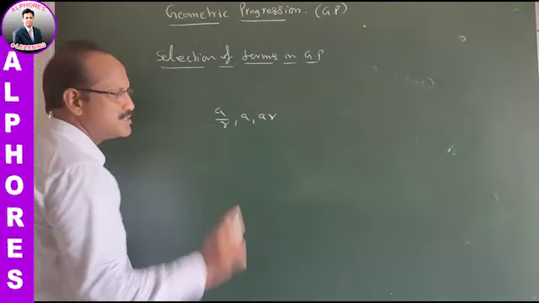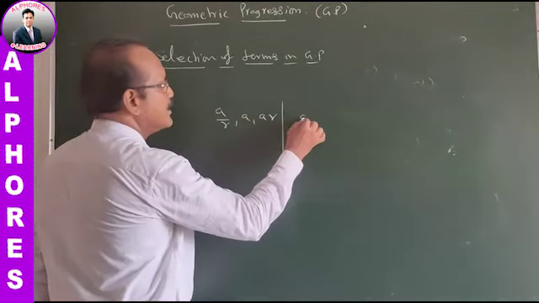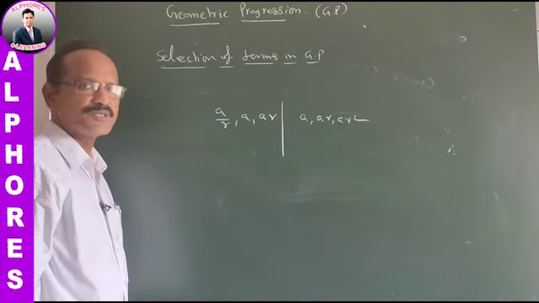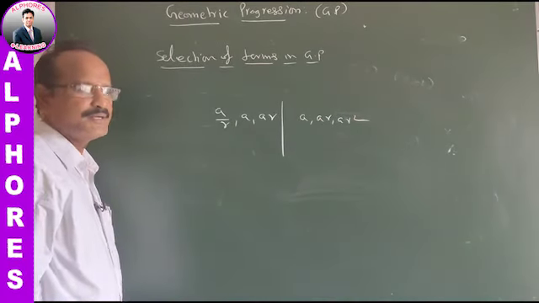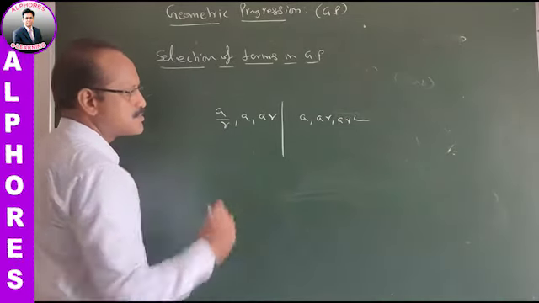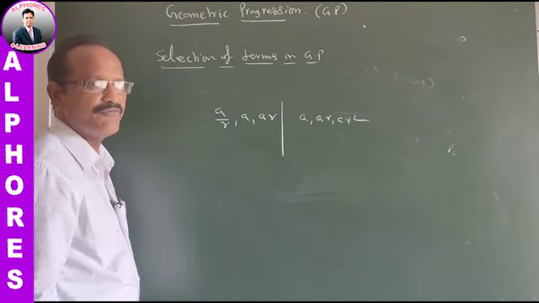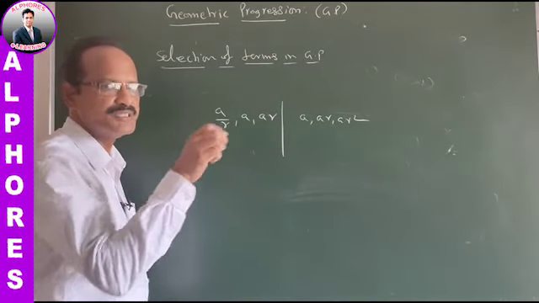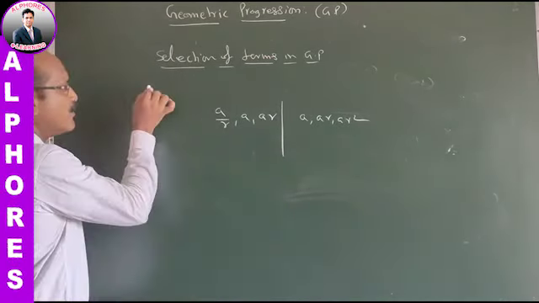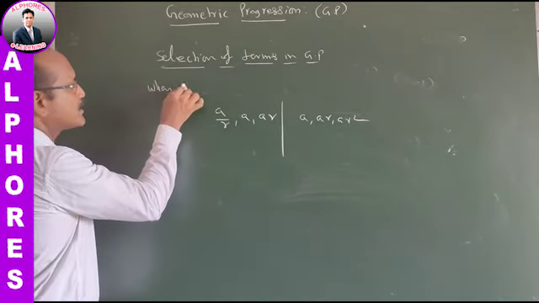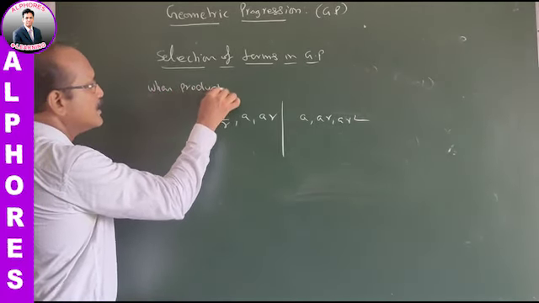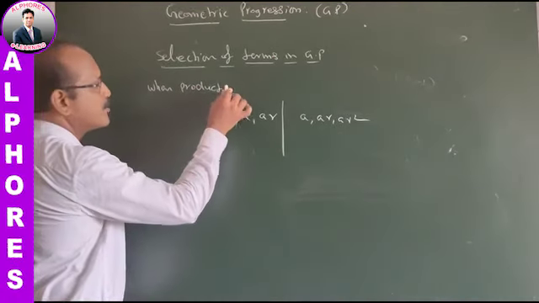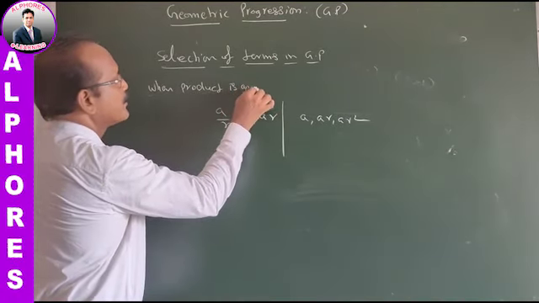These three terms are in GP. A by R, A, AR square is also three terms in GP. But these terms are chosen when the given problem contains the product of three terms of a GP. That is, when the product is given in the problem.